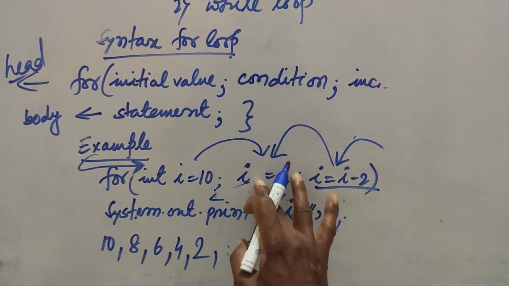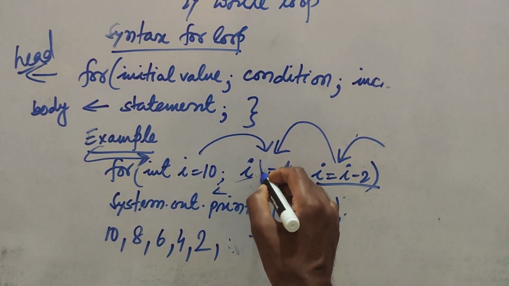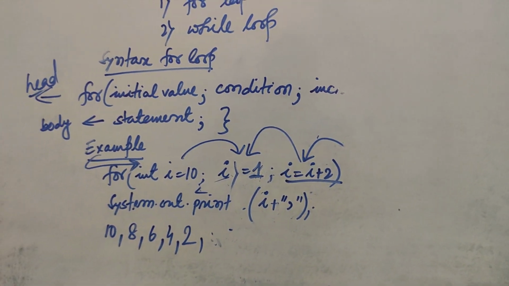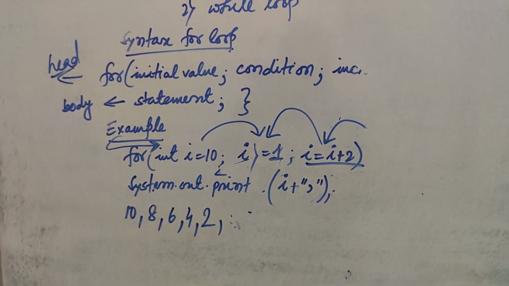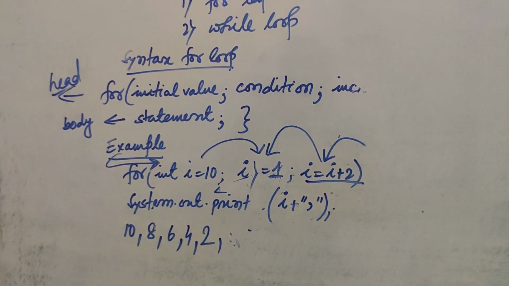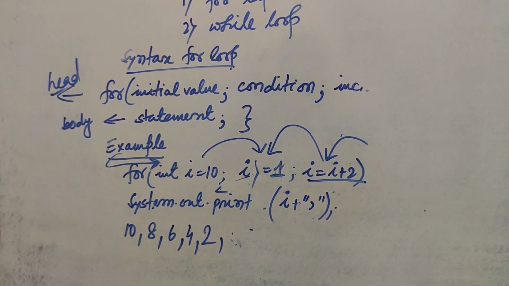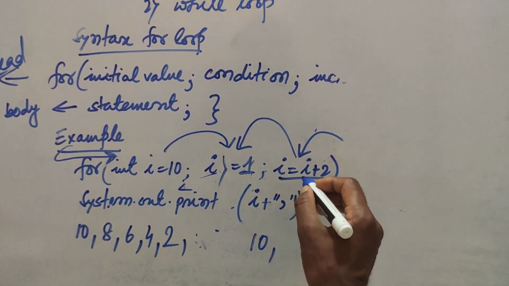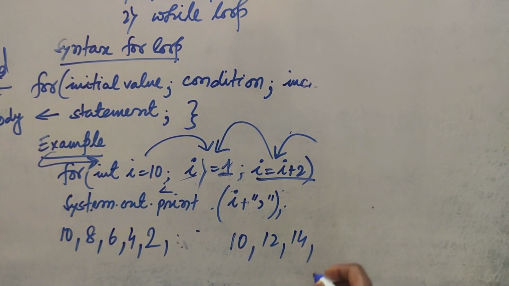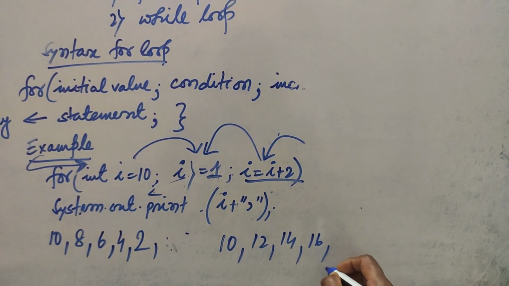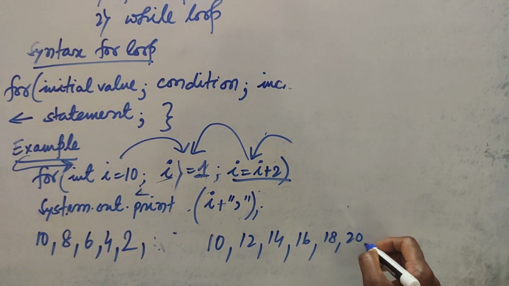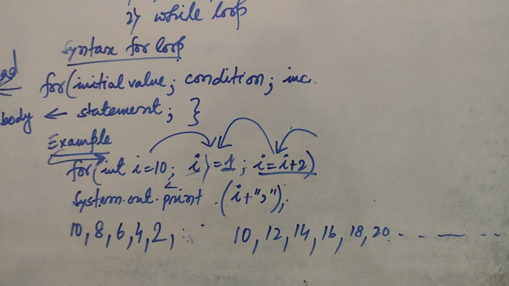You are giving 10 greater than or equal to 1, but by mistake you are giving plus signs. So now what will happen? 10, I plus 2, how much? 10 comma, 10 plus 2, 12 comma, 14 comma, 16 comma, 18 comma, 20, it never will stop.